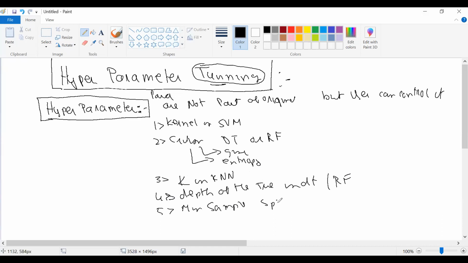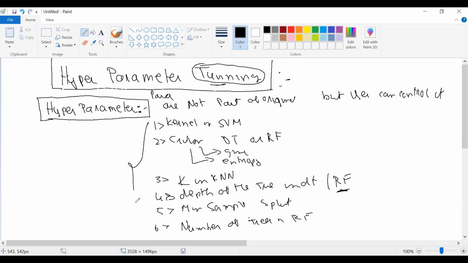Any other example? Give me one that connects with random forest. Number of trees in your random forest. Remember? We controlled that. Number of decision trees in your random forest.